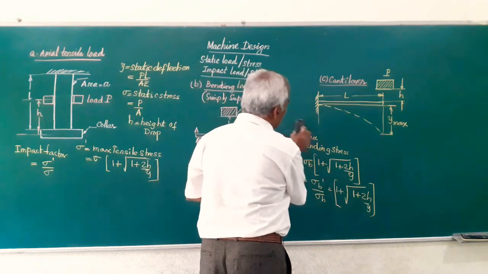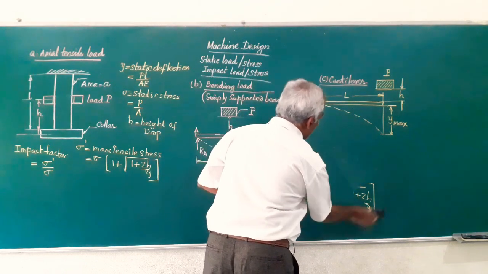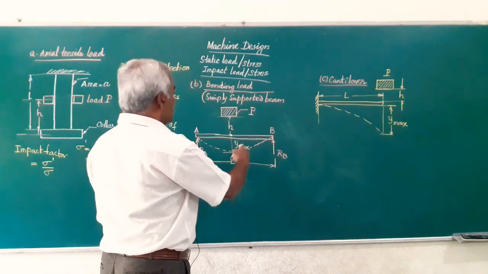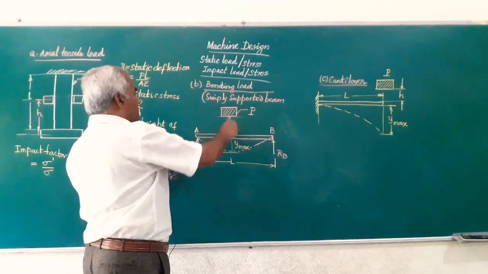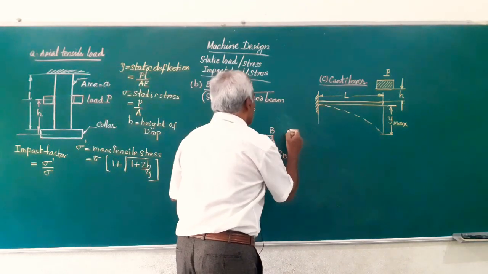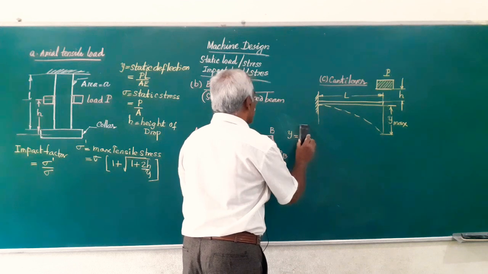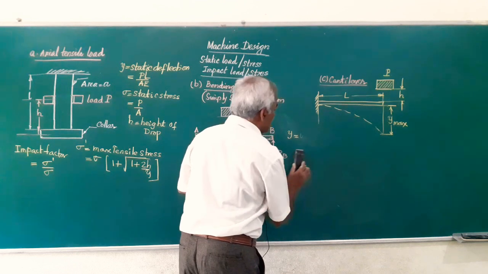Friends, here the value of y, the static deflection for the case of a simply supported beam with a point load, is given by the formula y is equal to PL cube by 48 EI. Here we have taken P as the load.